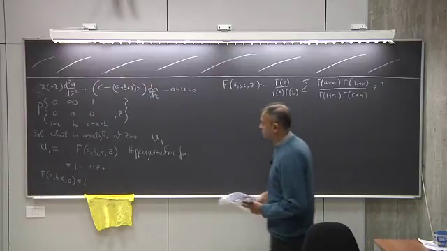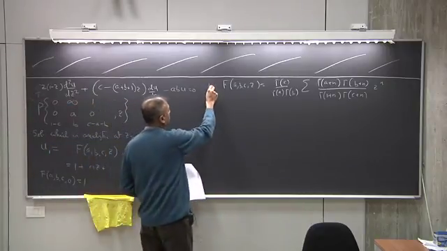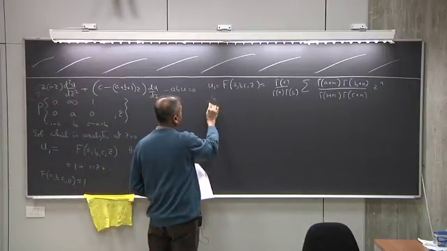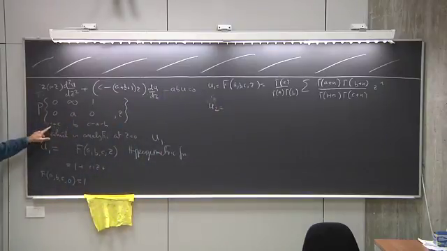Furthermore, we also looked at all the other solutions. For example, we obtained u2, while this was u1. u2 starts with z to the 1 minus c as the starting power.